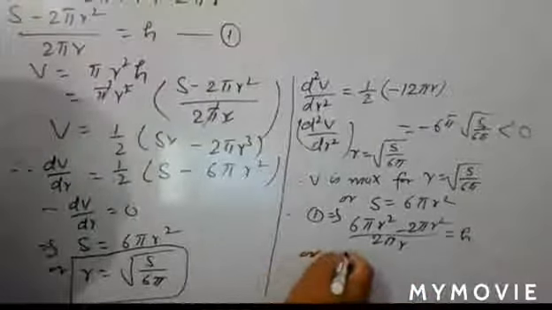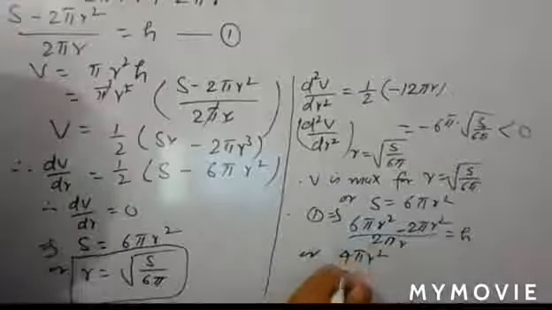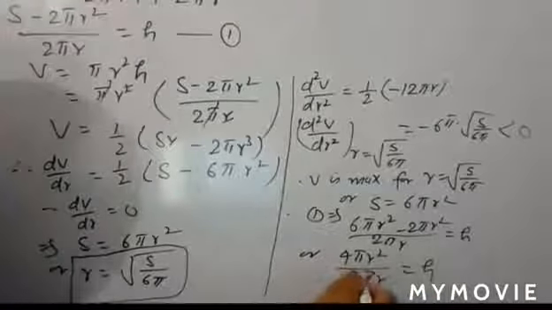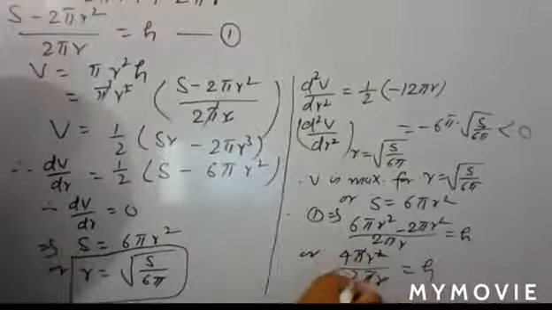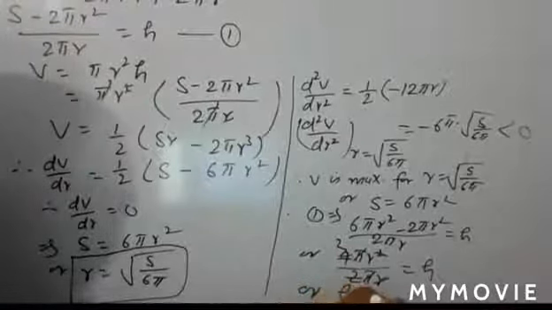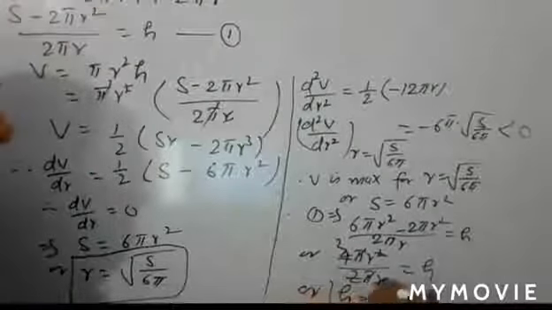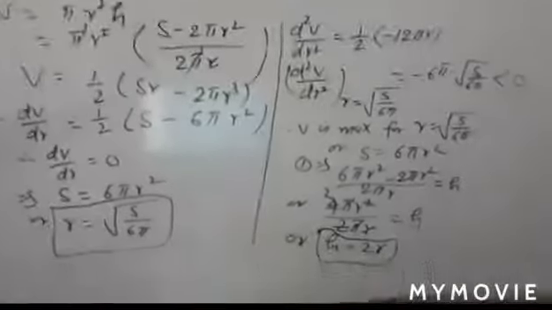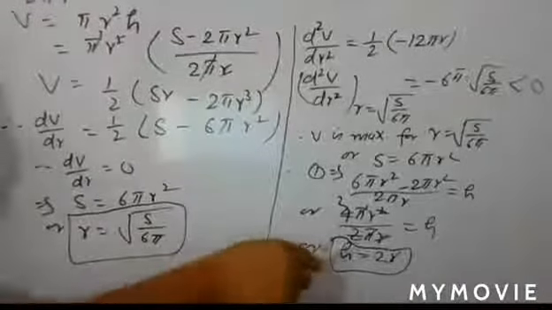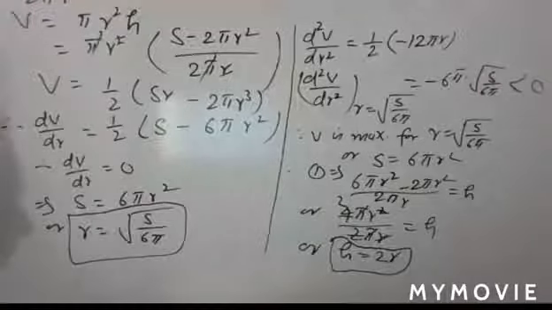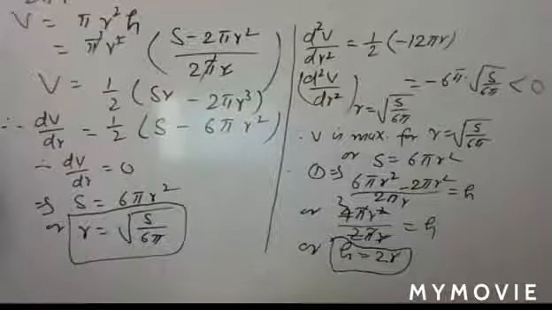Simplifying, you have 4 pi r square upon 2 pi r is equal to h. Pi and pi cancel out, one power of r cancels out, and here you have 2r. So h is equal to 2r. This proves your result: the height of the cylinder is equal to the diameter of the base. If h is equal to 2r, its volume is maximum when the surface area of the cylinder is given.